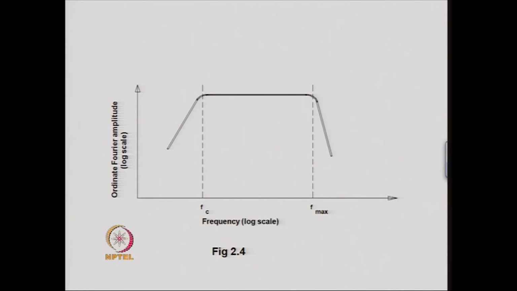So this is the figure which illustrates the previous three points. In the middle region we have the maximum value, and this is bounded by two frequencies Fc and Fmax, and this Fc is found to be inversely proportional to the duration of the earthquake.